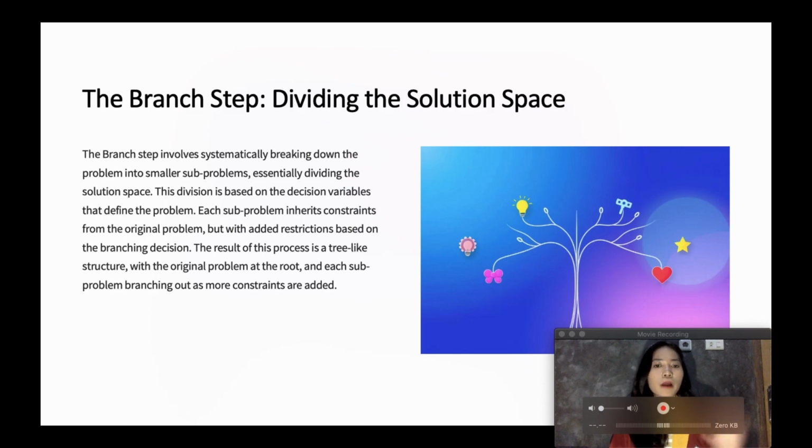Each subproblem inherits constraints from the original problem, but with a restriction based on the branching decision. The result of this process is a tree-like structure with the original problem at the root and each subproblem branching out as more constraints are added.